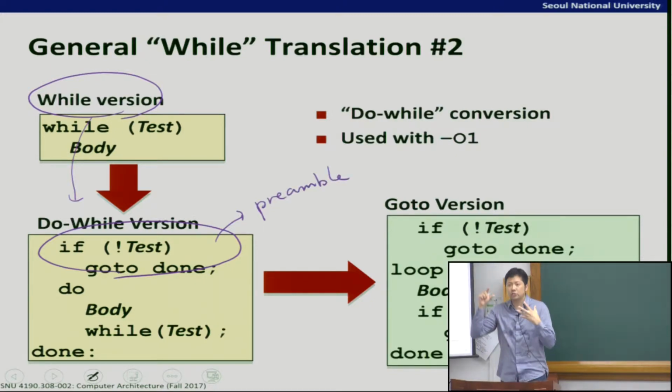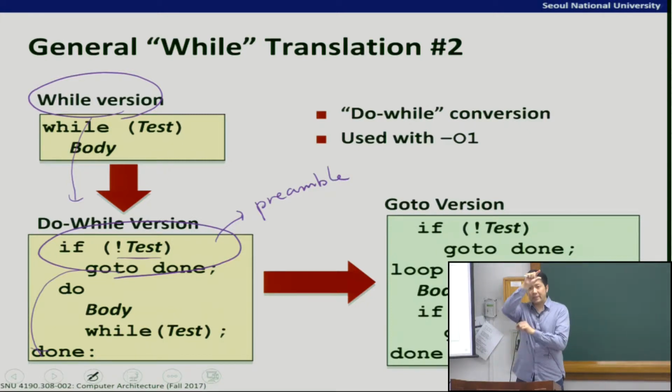You execute some condition, so if this condition is not satisfied, then you simply skip the loop. You place a guard before the loop. And if this condition is not satisfied, you simply skip the loop. Otherwise, you enter the do while loop. It actually does the same thing, right?